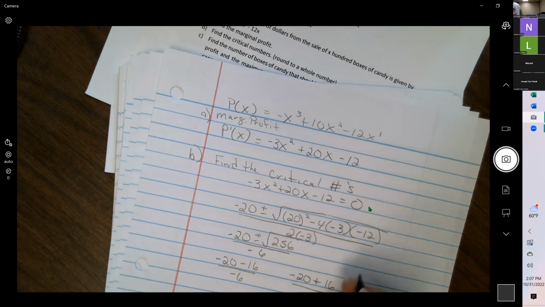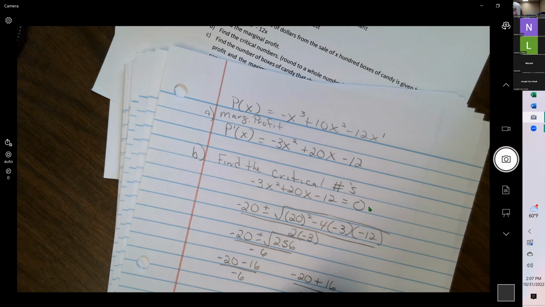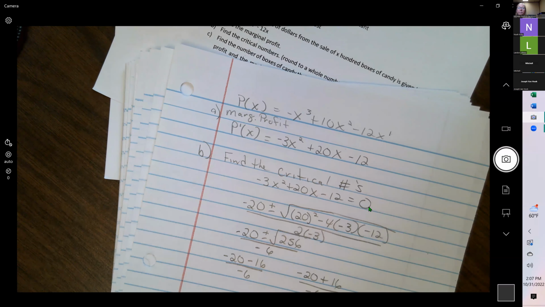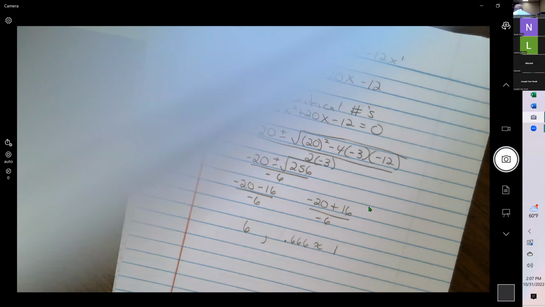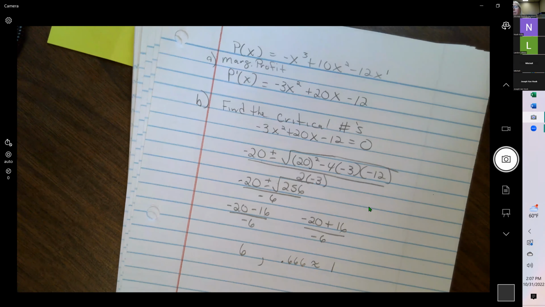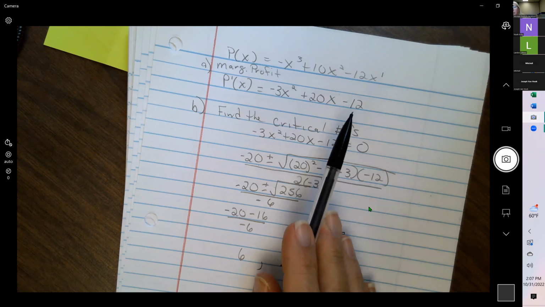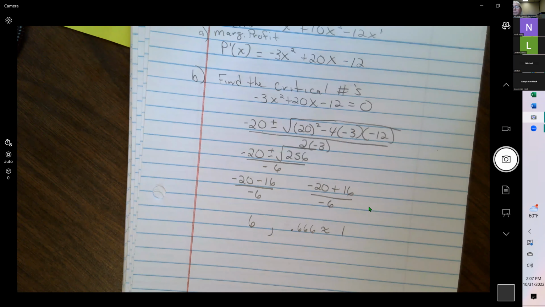It should be positive. Any questions on that part? So this is our marginal profit. This is our two critical numbers. Any questions?